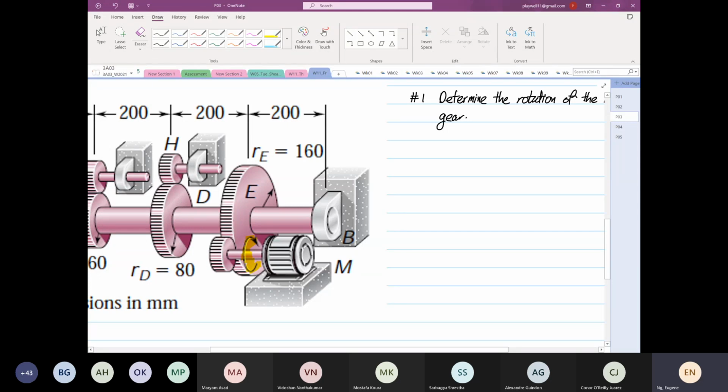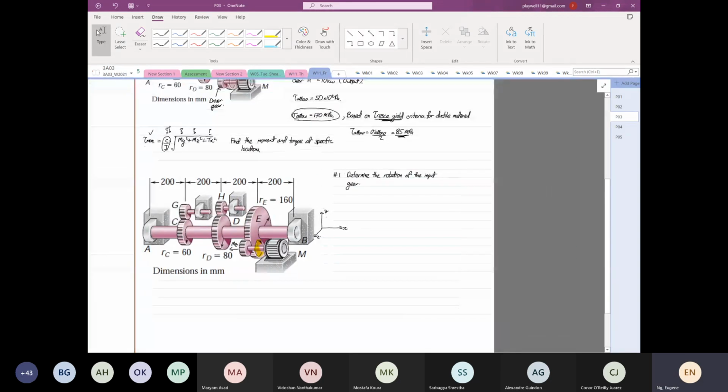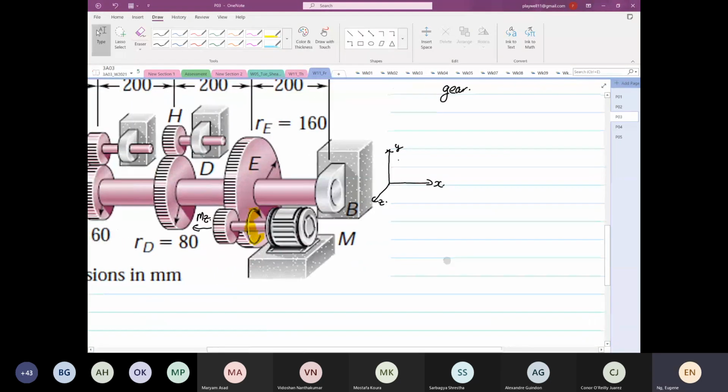So if we use the right hand rule, and I'm going to call this direction my X, this direction my Y, and this my Z. So this is the direction of my moment in Z. Wait, let me write in a different color.